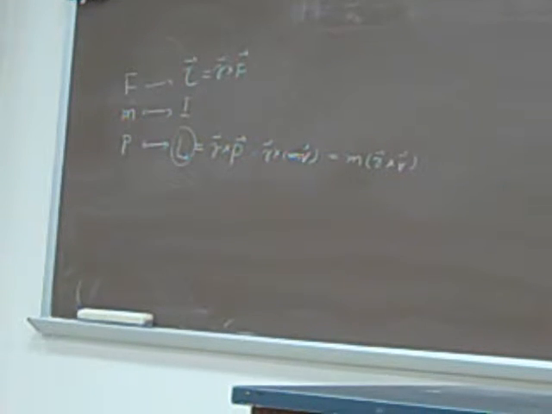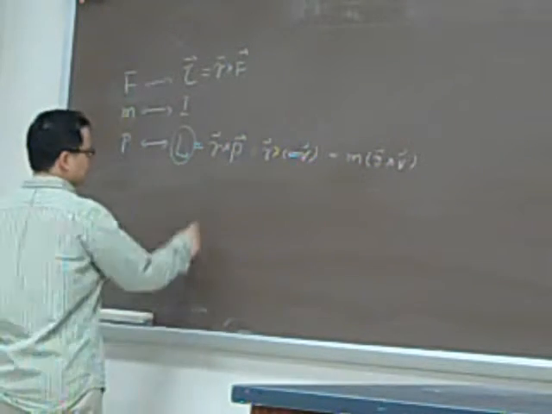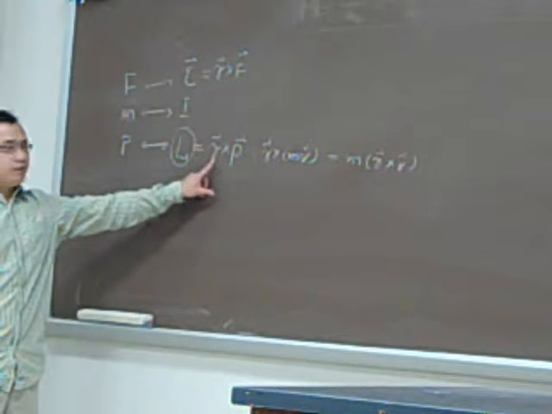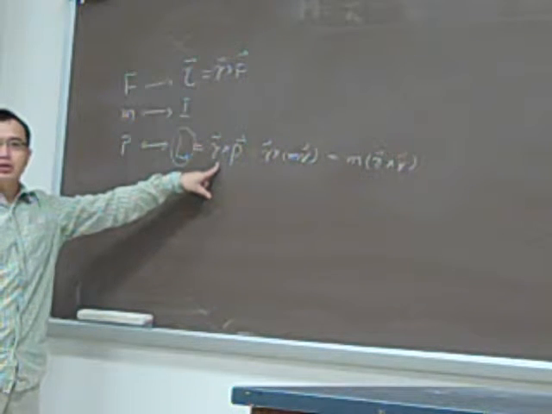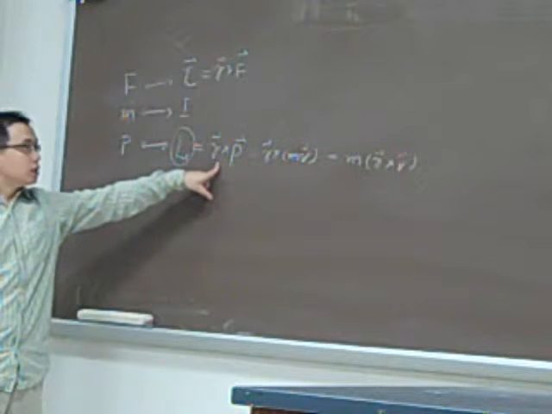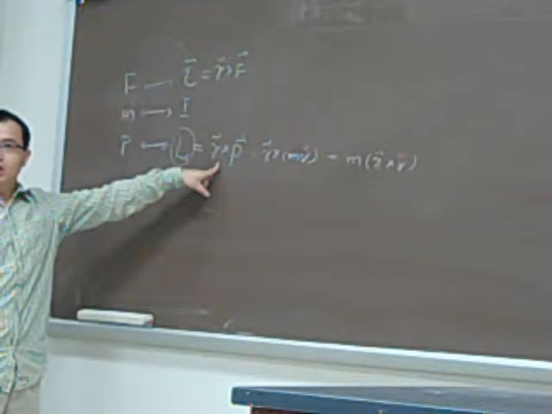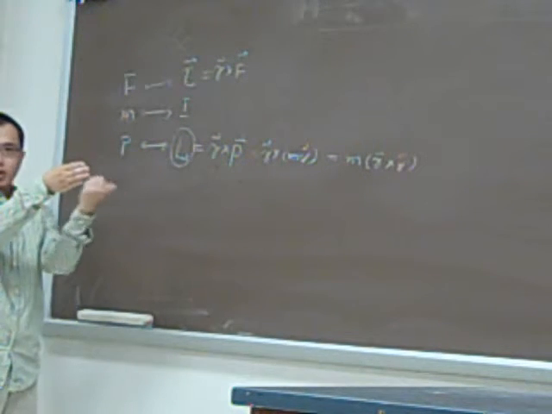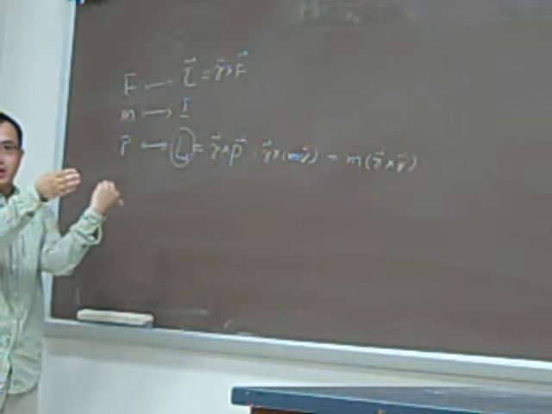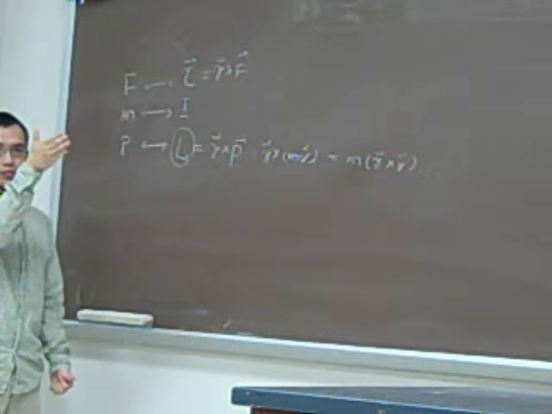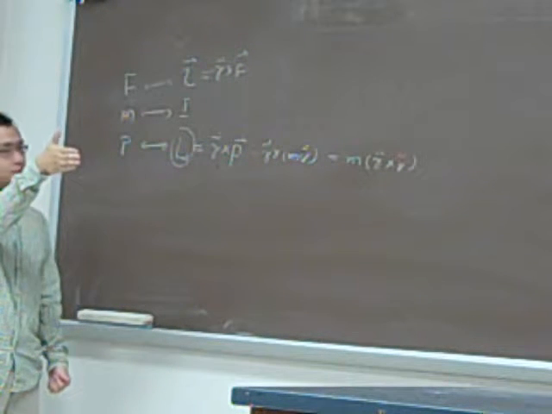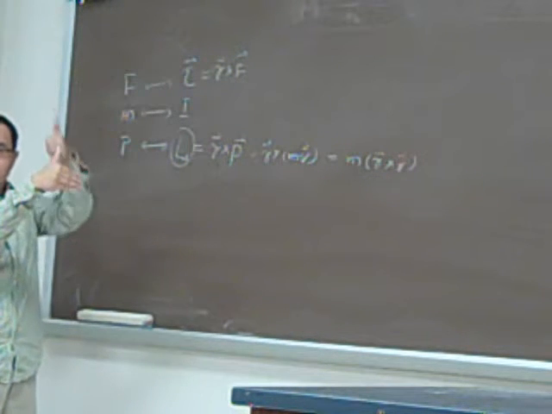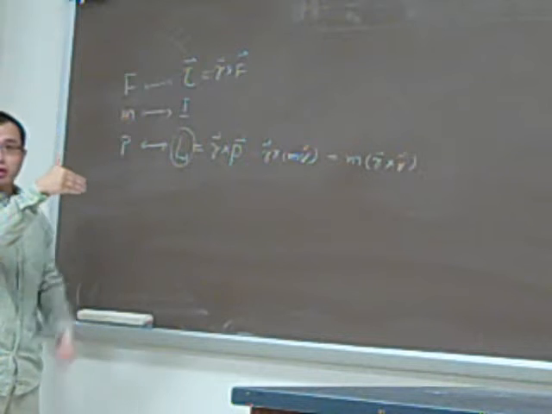So the order here is something you have to make sure you're clear about. And this is a vector notation. If you write it this way, it tells you both the magnitude and the direction. The direction is given by the right-hand rule. If this is the direction of R, and this is the direction of P, the momentum or the velocity, you put your fingers from the direction of R to the direction of velocity, and this direction is the direction of the angular momentum.